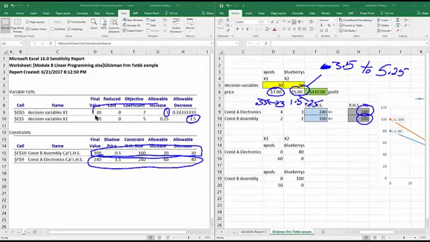All of this information is true when you are making the change in one variable, which is the coefficient for the xpods, and all of this information is valid when you're considering a change in this $5 price for blueberries.